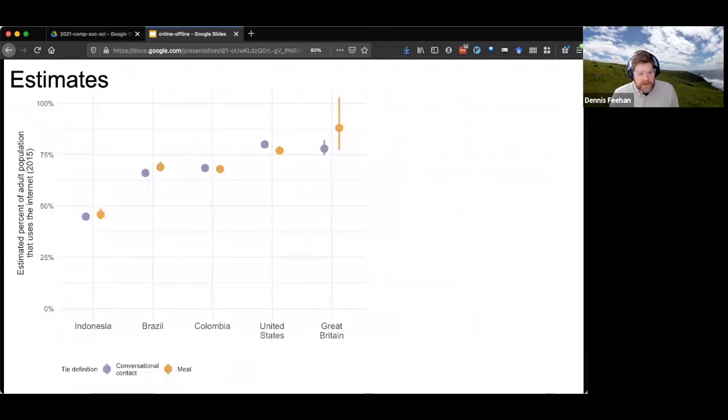Well, this shows the resulting estimates of internet adoption in 2015 from the Conversational Contact Network and the Meal Network. And there's a few important takeaways here. So the first is that the 2 types of network relationship produce very similar estimates. And the order of these countries is more or less what we'd expect, given the countries' GDPs, for example.